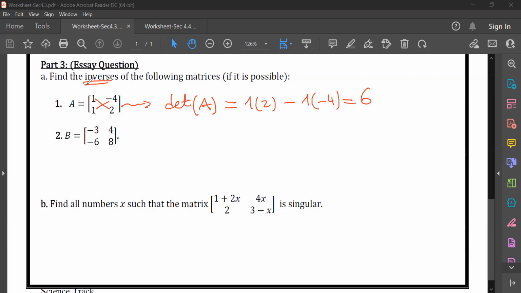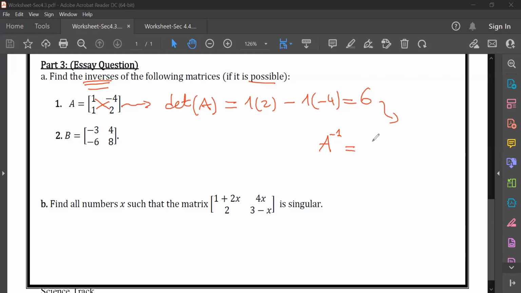Our goal is to calculate the inverse. So when the determinant of A is 6, this means that it's invertible. So it's possible, okay? So that we can calculate the inverse. What is the formula for the inverse of a matrix of order 2?